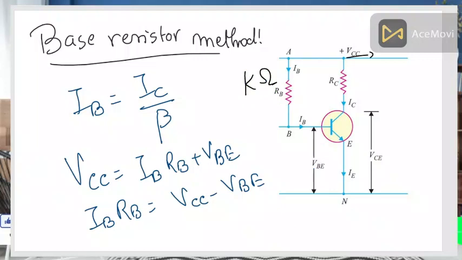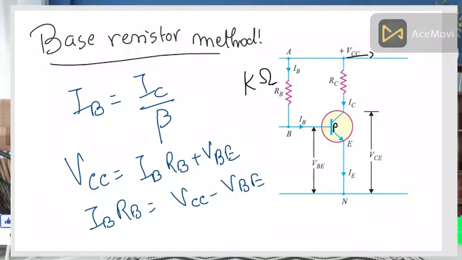Several hundreds of kilo ohms, and it is connected between the base and the positive end of a NPN transistor. You can see in the diagram, this is a NPN transistor, this is the P part, and you are connecting this resistance at one end to the P part, and the other end is connected to the VCC.